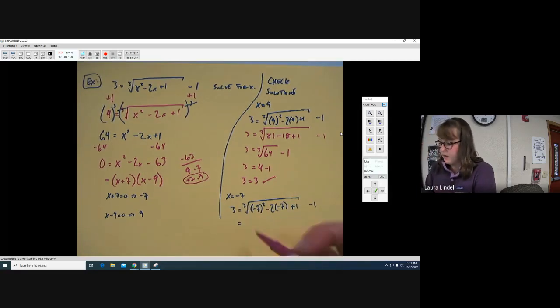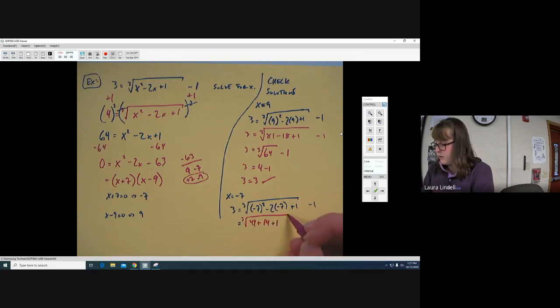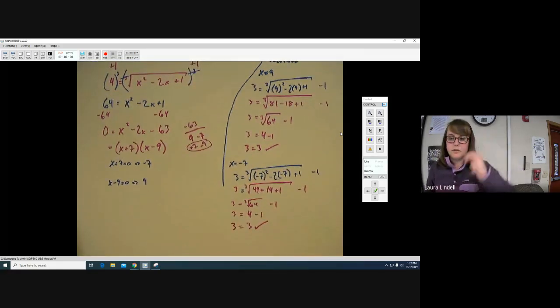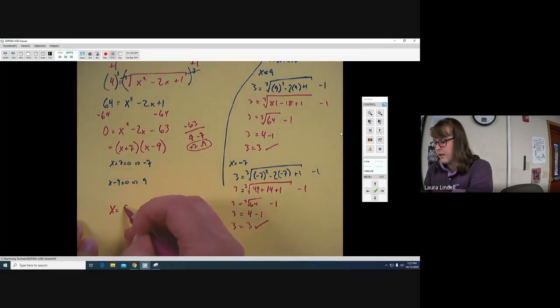All right, so then that would be the cube root of 49 plus 14 plus 1, which is the cube root of 64, which is 4 minus 1, which is 3. So for this one, we also get down to 3 equals 3. So that tells me that both of my solutions work here. So my final answer is x equals 9 and negative 7.